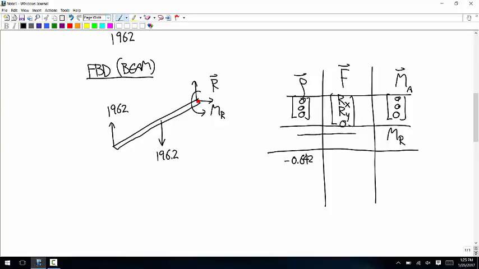Sine is negative 0.643 and then negative 0.766. Cosine 220 is negative 0.766. Sine 220 is negative 0.643. I did it backwards? Yeah, okay.